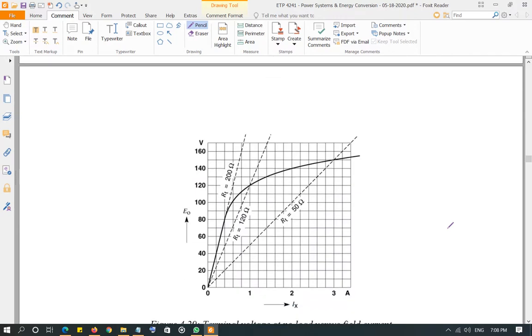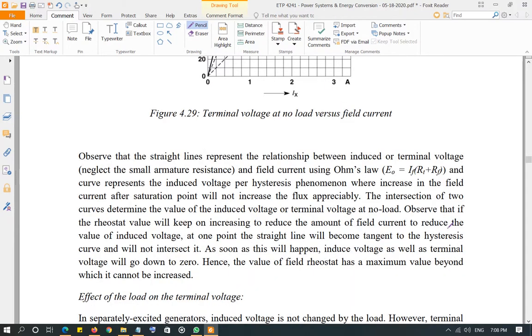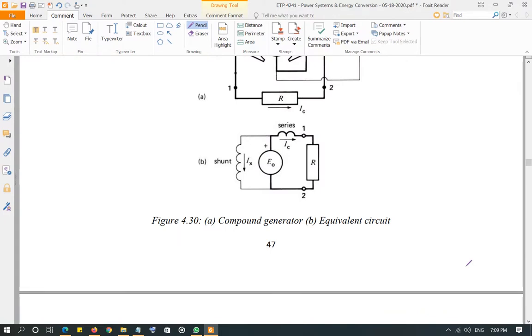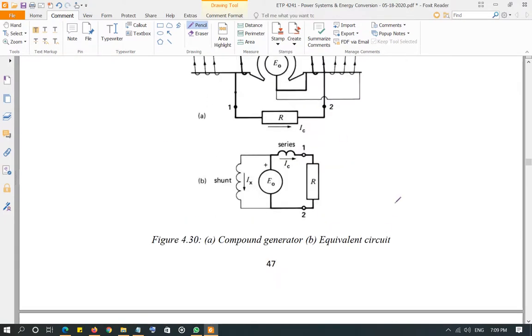So how does it operate? When you have no load connected, it operates exactly like shunt generator, because there is no current going through the series field since there is no load connected. Let me see where's the circuit diagram. Right here. I'm not showing any armature resistance, but if there's an armature resistance, it's going to be right here.